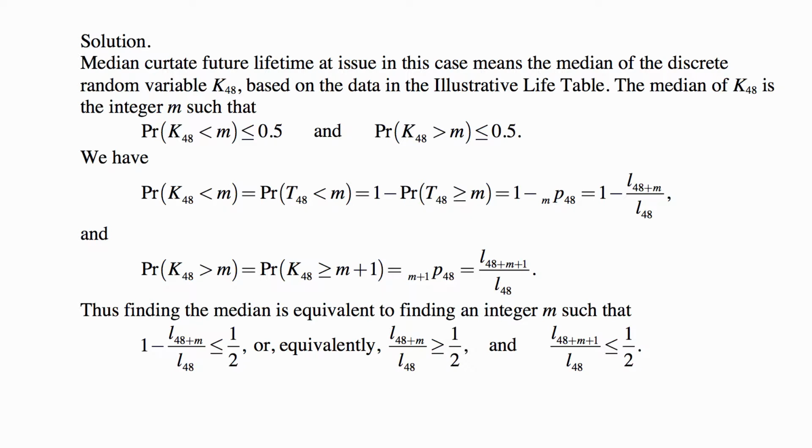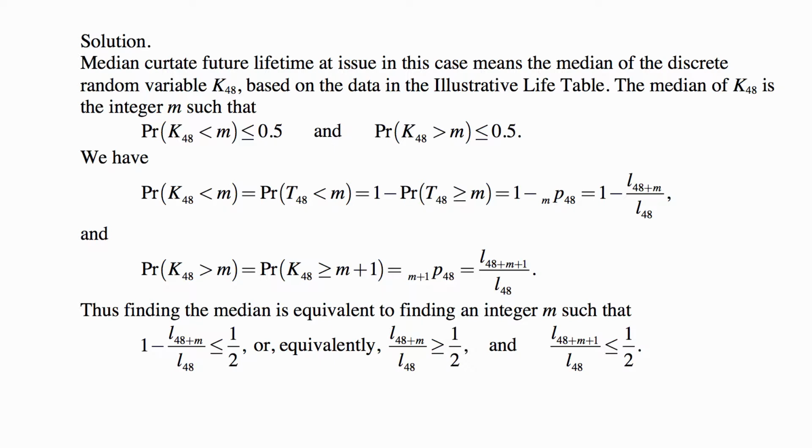So the probability that K48 is less than m is actually the same as the probability that T48 is less than m, the continuous lifespan, which is 1 minus the probability that T48 is greater than or equal to m, which is 1 minus mP48, which is 1 minus L48 plus m divided by L48. And the probability that K48 is greater than m is the probability that K48 is greater than or equal to m plus 1, which is m plus 1 P48, so it's L48 plus m plus 1 over L48.